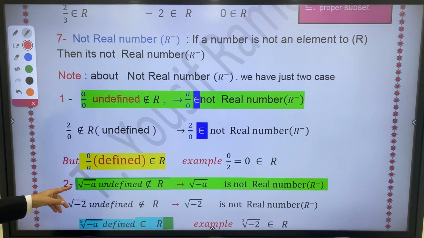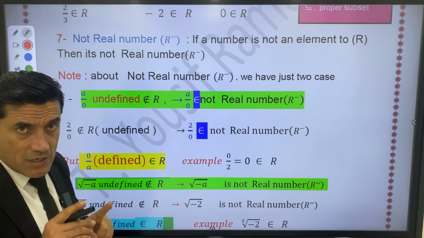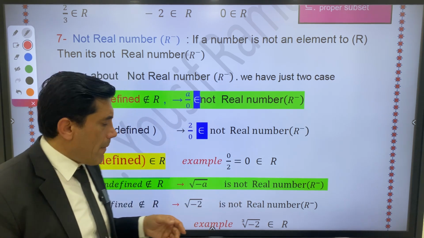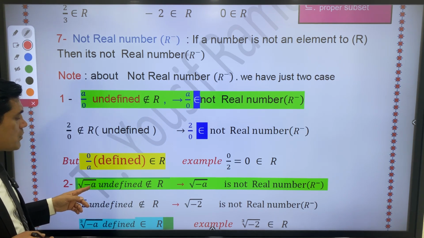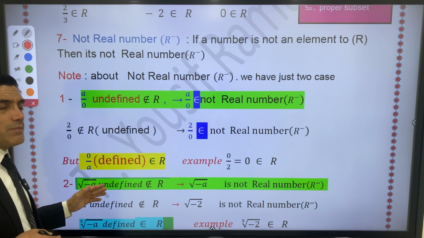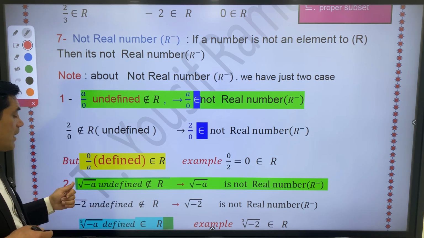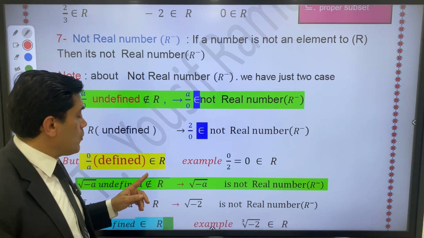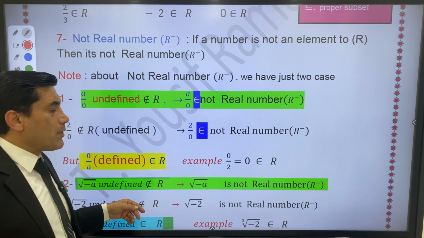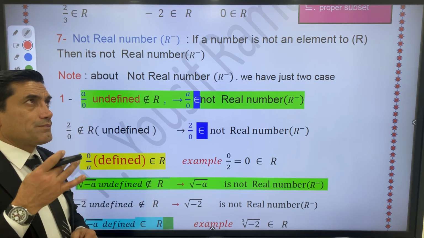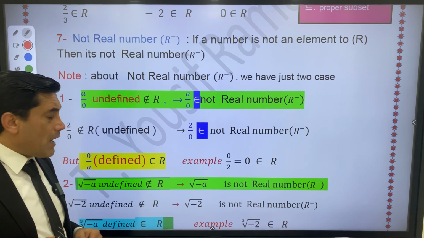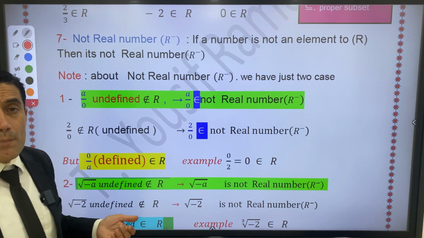And we have the second case, when we have a negative under a square root, just square root, not radical in general form. Because when you have a negative under a cube root, no problems. But when we have a negative under a square root, it does not belong to real numbers. That means it is undefined just in the set of real numbers, because in grade 11, when you have a negative number under a square root, you said it is a complex number.